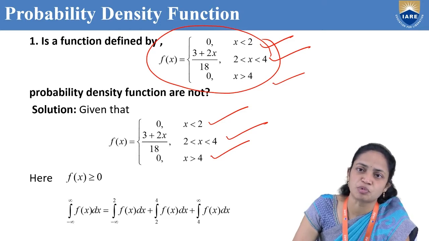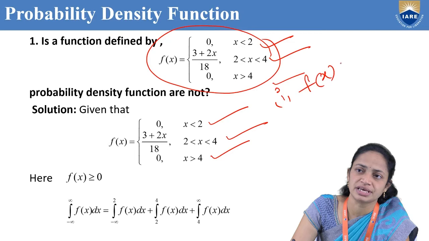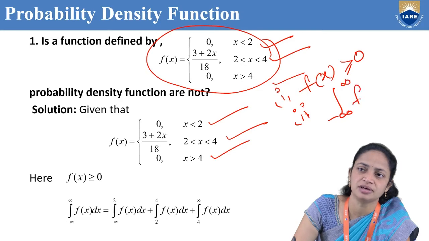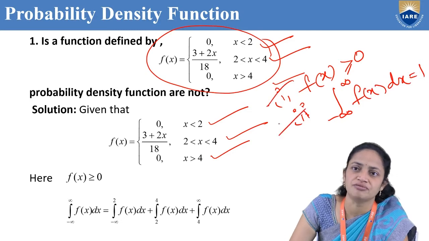If it is, we have actually two properties. First one is f of x greater than or equal to 0, and second property is integration over minus infinity to infinity f of x dx equal to 1. Based on these two properties, we have to check whether the function is a probability density function or not.